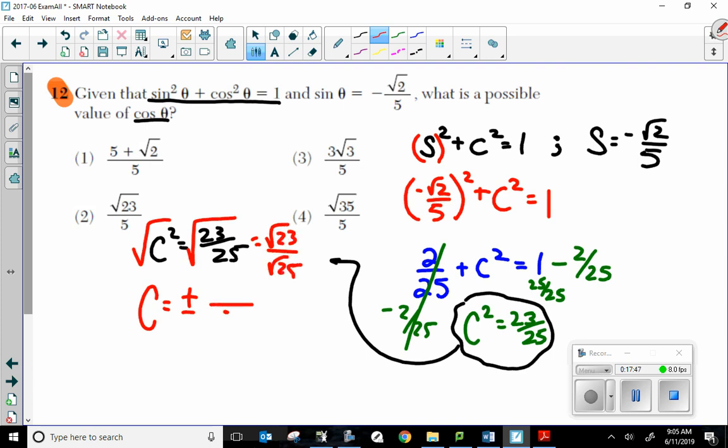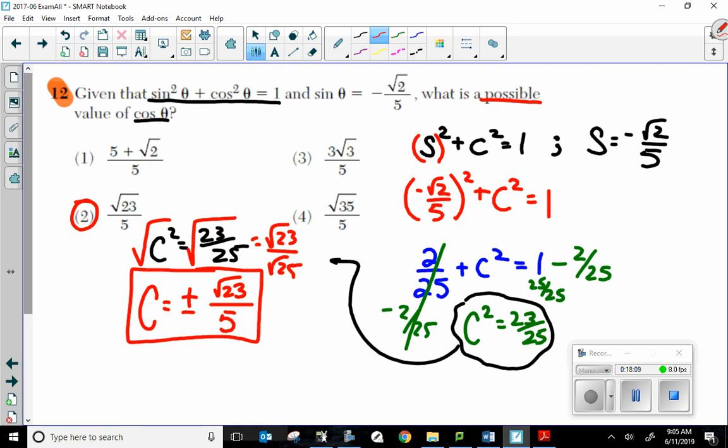Well, I know the bottom is 5. So I have two answers. I have a positive radical 23 over 5 and a negative radical 23 over 5. In this case, one possible answer is positive square root of 23 over 5. That was not horrible at all.